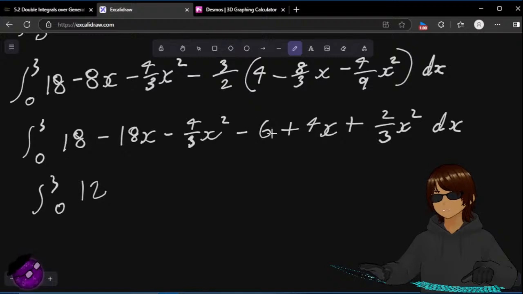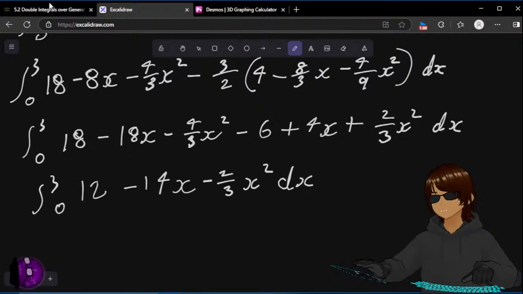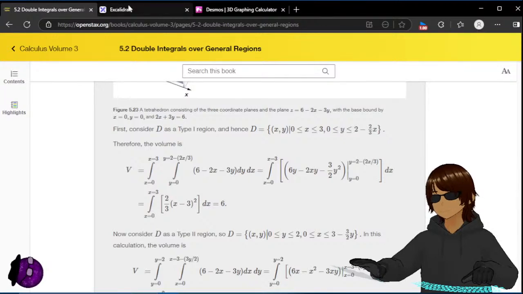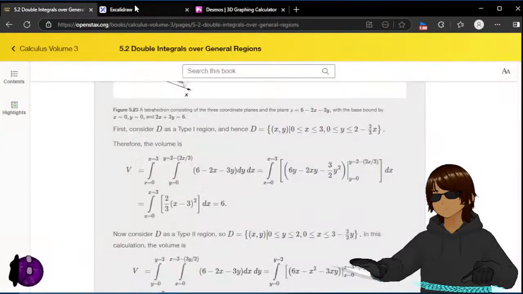So we have 12. This minus this is 12. Minus 18 plus 4 is minus 14x. Minus and plus, we are left with minus 2 dx. And I don't think this is correct. They took 2 over 3 out.